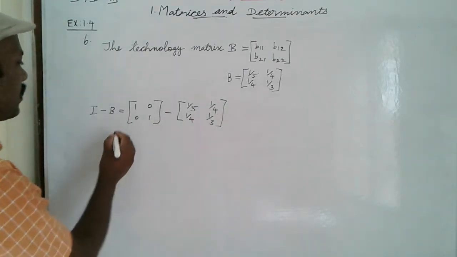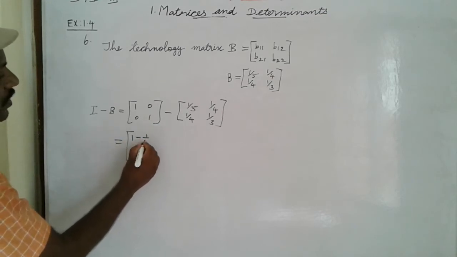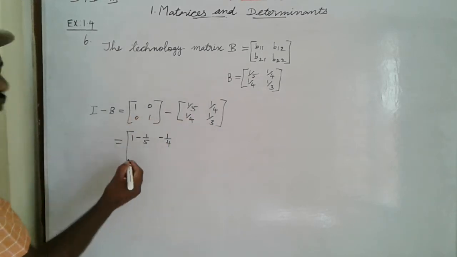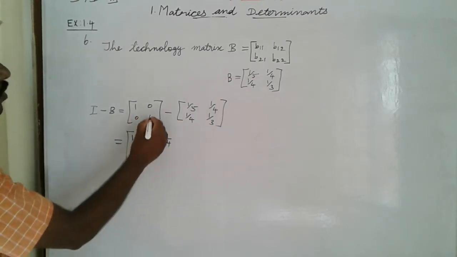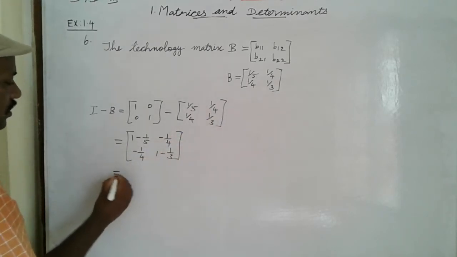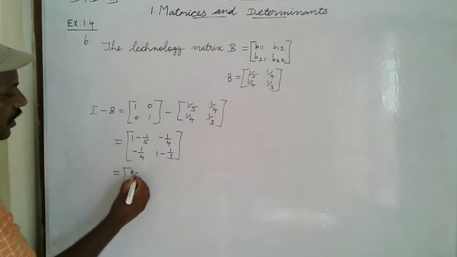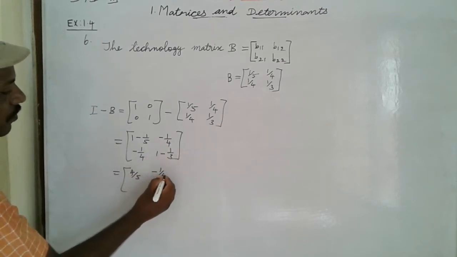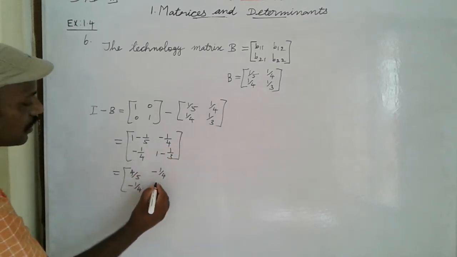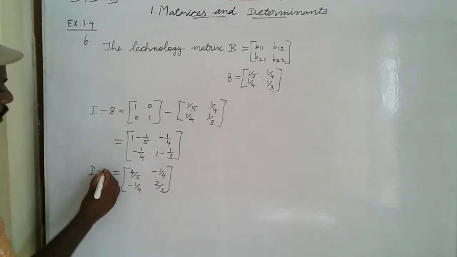So we should subtract: 1 minus 1 by 5, 0 minus 1 by 4 is minus 1 by 4, 0 minus 1 by 4 is minus 1 by 4, 1 minus 1 by 3. Subtracting, 1 5s are 5, 5 minus 1 is 4, so 4 by 5, minus 1 by 4, minus 1 by 4, 1 3s are 3, 3 minus 1 is 2 by 3. It is I minus B.